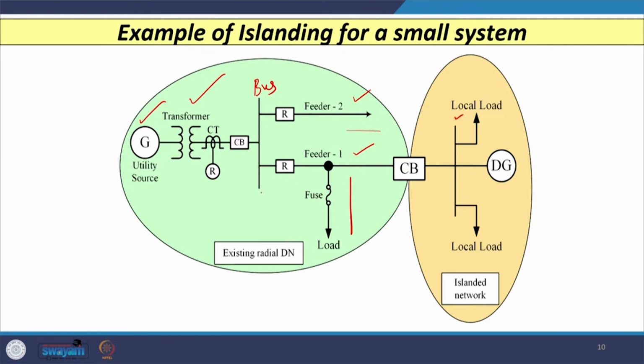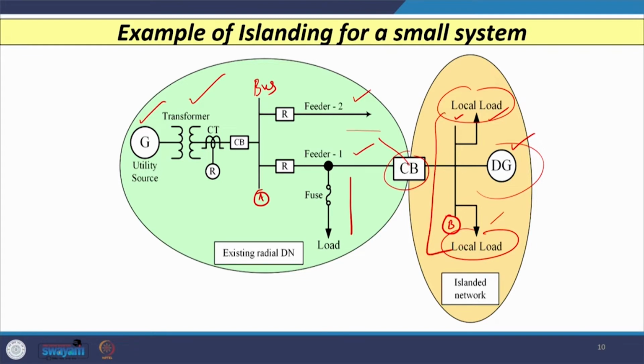Let us say this is bus A and this is bus B, and on bus B we have connected some loads as well as distributed generators. Whenever this breaker opens, the island is formed, and the local loads are supplied by these distributed generators or distributed energy resources, subject to the total requirement of the load and the capacity of the DG.